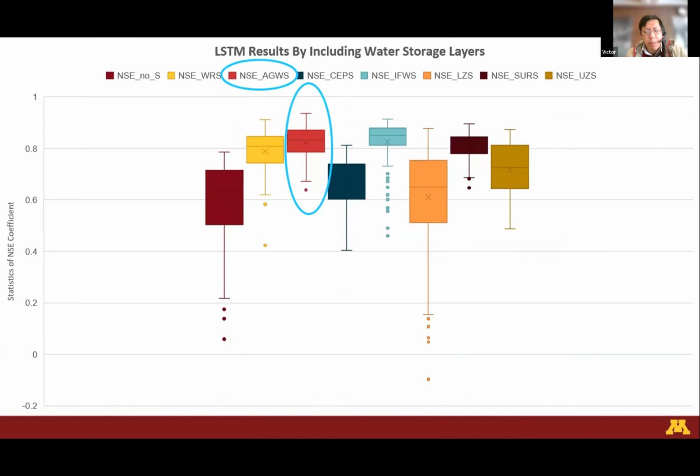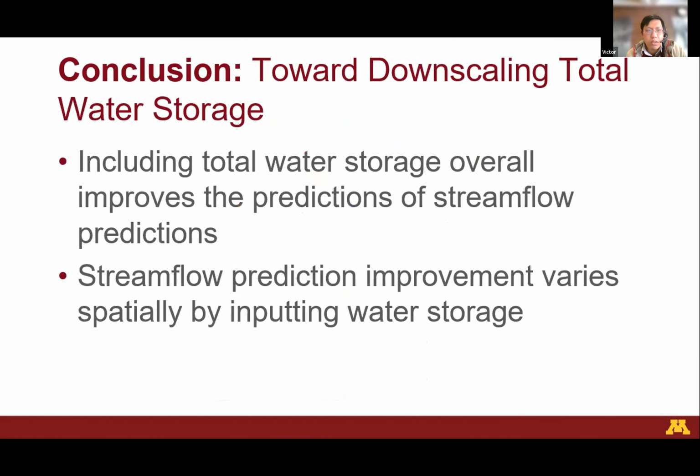This box chart shows that by including the active groundwater, the 131 watersheds have the best improvement in predicting the local stream flow. So overall, in conclusion, by including the total water storage, it can improve the total stream flow prediction at the Rhone River watershed. By using a downscaled water storage, we can improve the prediction of the stream flow at a local level. And among different layers of water storage, the active groundwater can improve the stream flow the best.